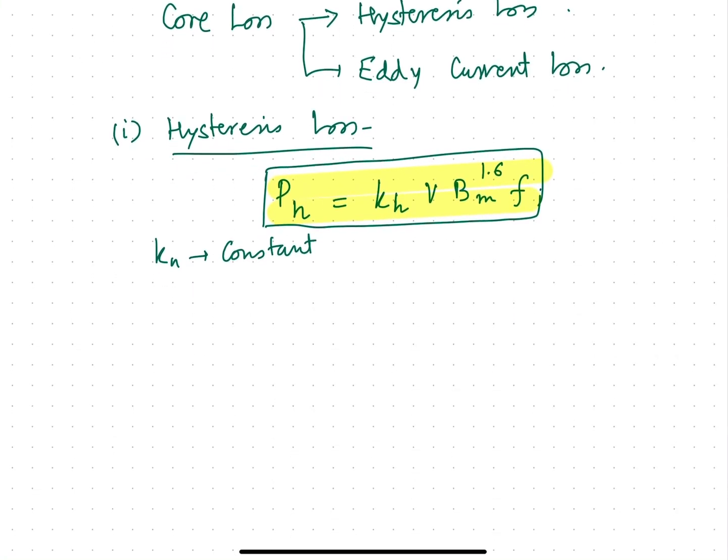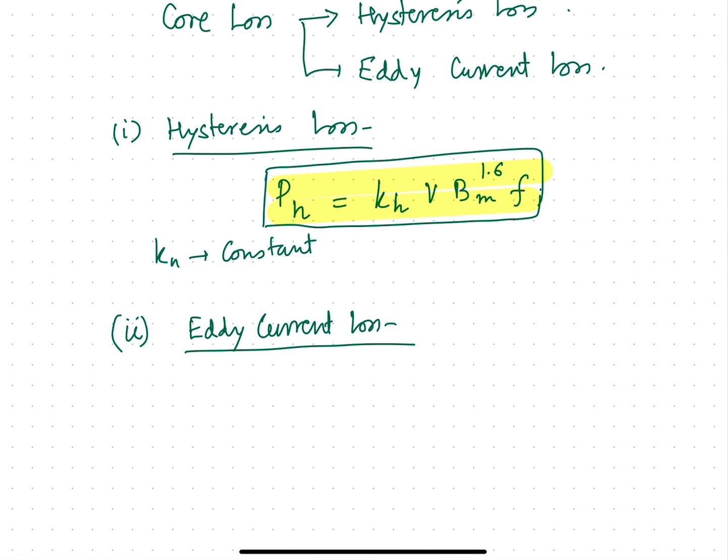The second type of loss is the eddy current loss. This occurs because alternating current is introduced. This alternating current leads to the production of an alternating magnetic field, and eddy currents are introduced into the core.